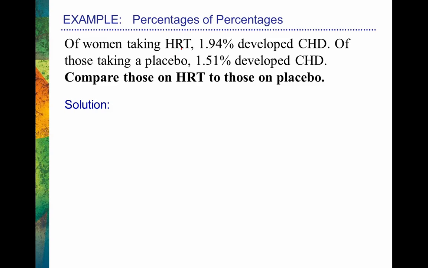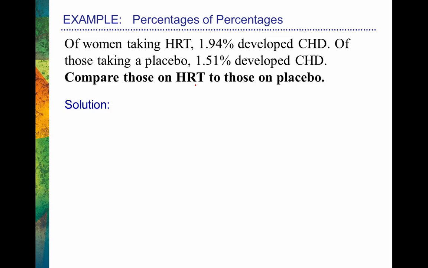They found that of the women taking hormone replacement therapy, 1.94% developed what they were terming coronary heart disease, and of those taking a placebo, 1.51% developed coronary heart disease. This was a wonderful study, a true experiment done on many thousands of women, comparing those with hormone replacement therapy to those taking the placebo.